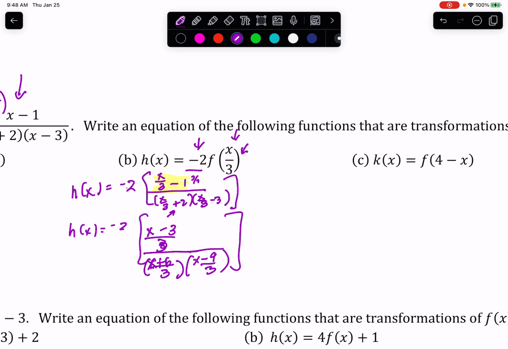So this is like -2 times x minus 3, and then you would have the x plus 6, x minus 9, over... okay, I'm looking at my key and I'm thinking, did I do something wrong?